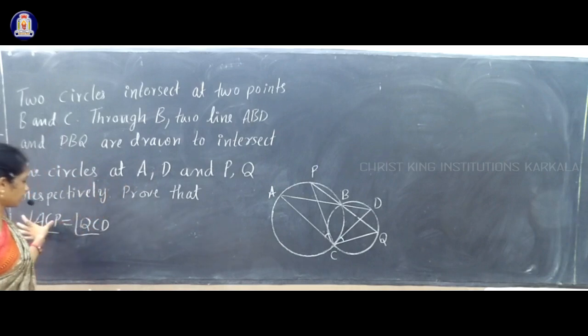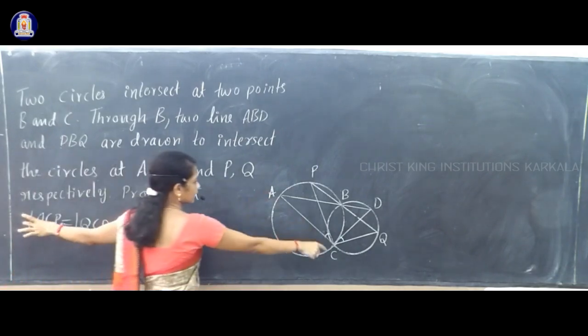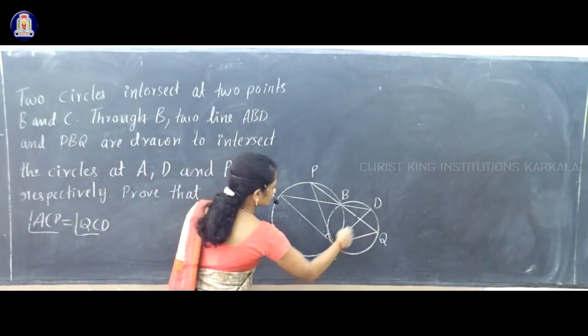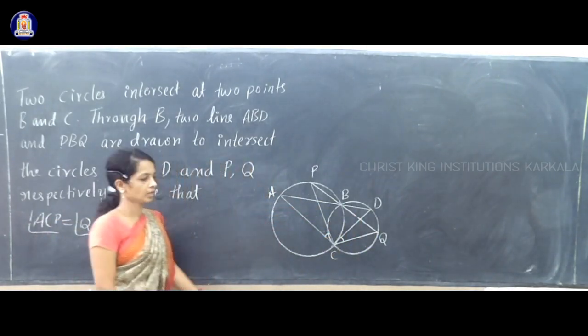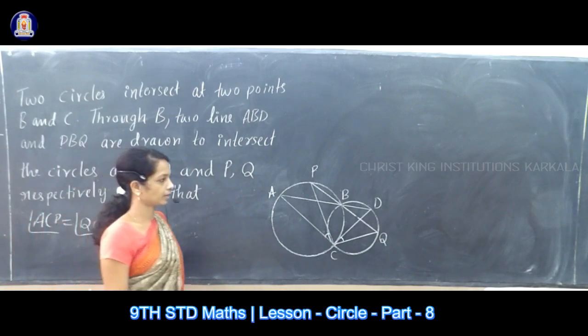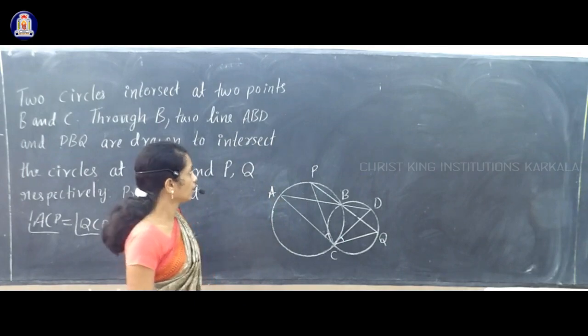Then prove that angle ACP, that is this angle marked in the figure, is equal to angle QCD. Okay, these marked angles are equal, you have to prove. And this is the figure given to you in the question part. Once again, the same figure you draw in the answer part.